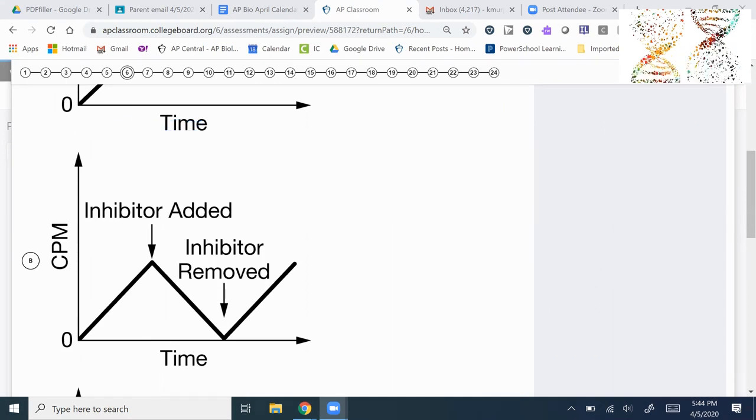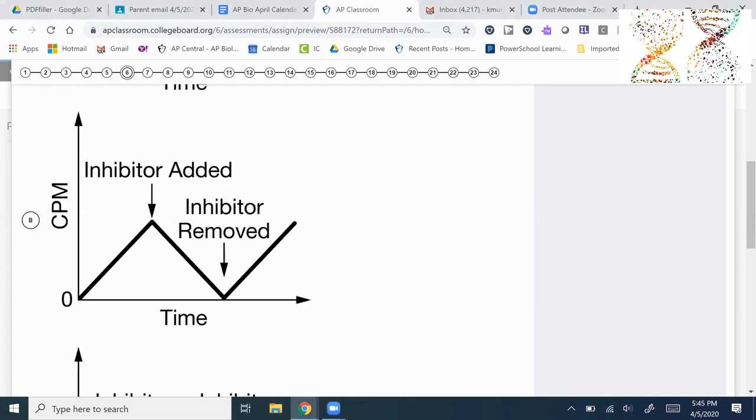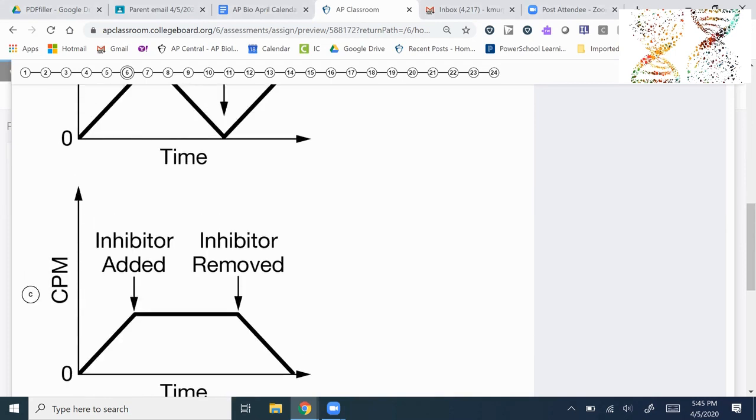So here's an inhibitor added, and it looks like it goes down. And then inhibitor removed, it goes back up. All right, that one for me is a maybe right now. I'm not sure about it decreasing, but it doesn't continue to go up and it does go back up when it's removed. This one, an inhibitor added, inhibitor removed, that doesn't make sense. Right now, A and C are out.